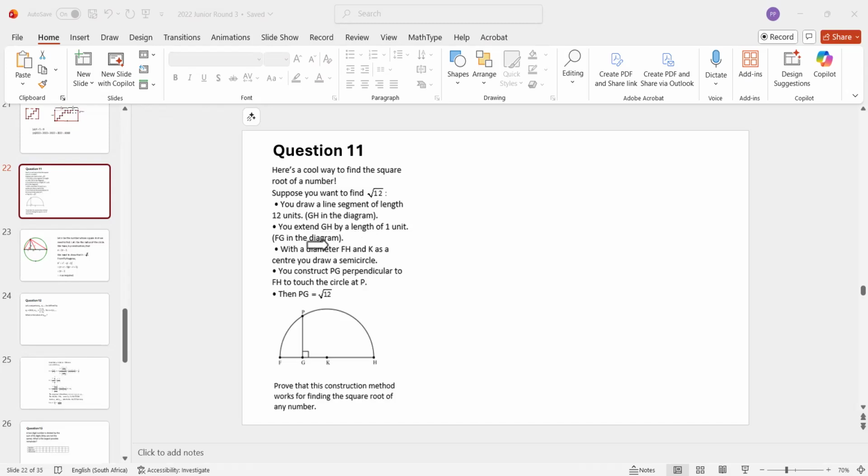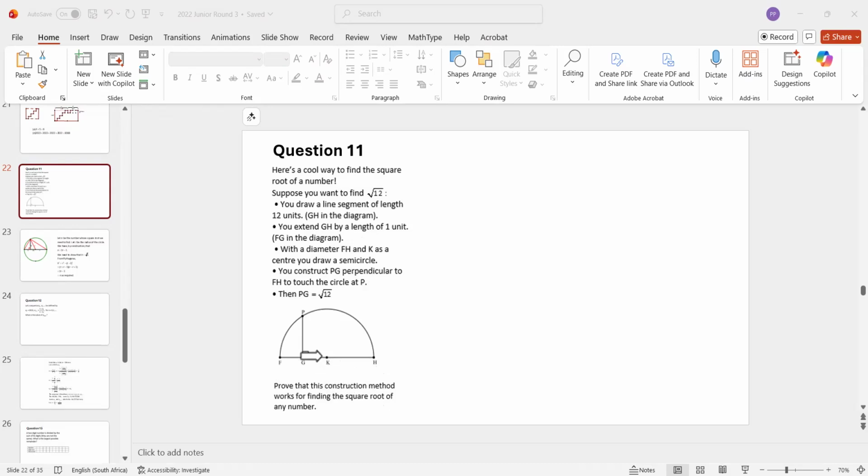Okay. And then it says you extend GH by a length of 1 unit. So it's extended this way. Really should be HG. So FG is 1. All right. So you got GH is 12, FG is 1. Then with the diameter FH, in other words, the extended line, which has got 13 units now, that is the diameter of the circle.